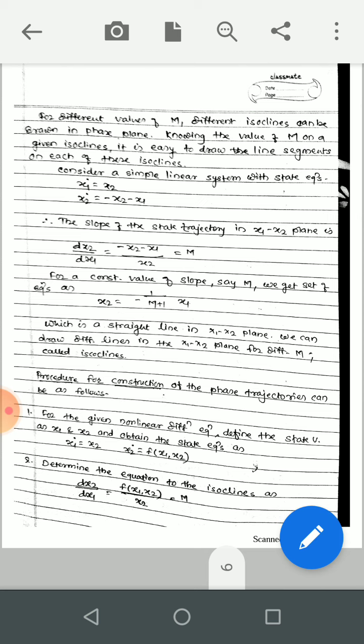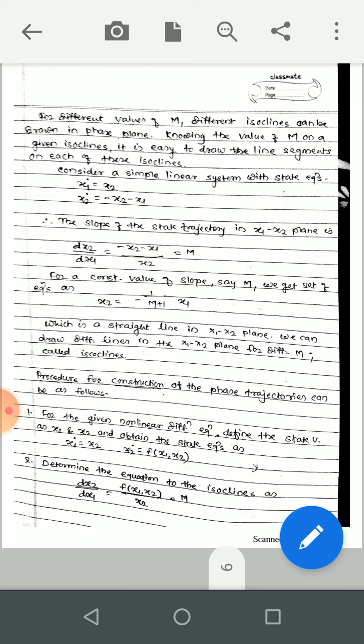Therefore, the slope of the state trajectory in the x1 x2 plane is dx2 by dx1 equal to minus x2 minus x1 by x2. So let it be m. For a constant value of slope, say m, we get x2 is equal to minus of 1 upon m plus 1 into x1, which is a straight line in the x1 x2 plane. So we can draw different lines in the x1 x2 plane for different values of m, called isoclines.